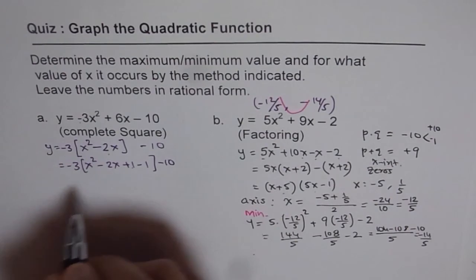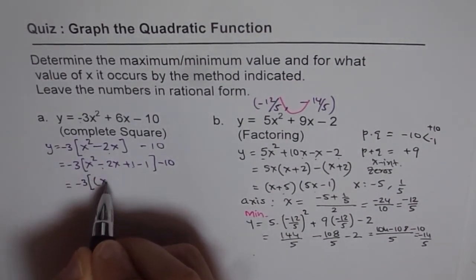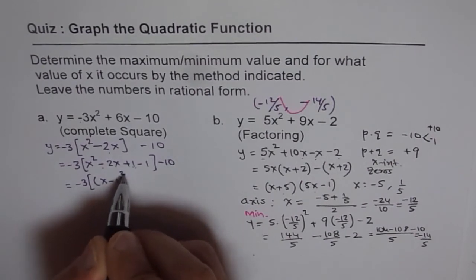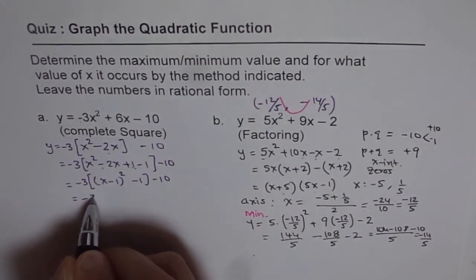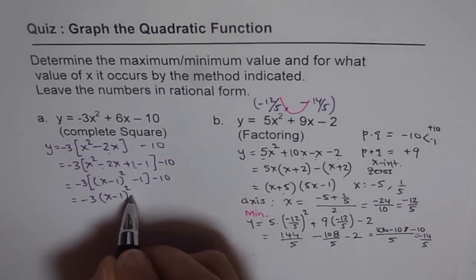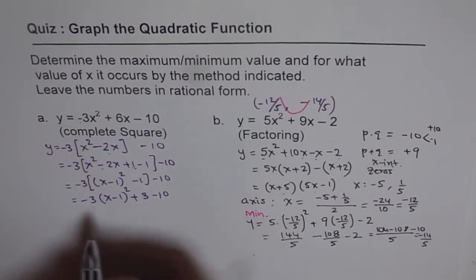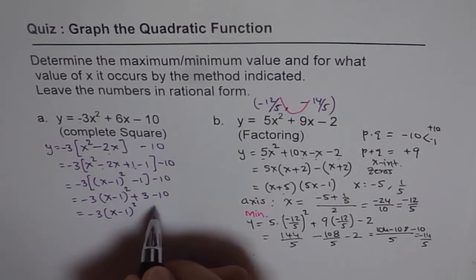Now this makes the first three terms a perfect square. We get x minus 1, whole square, minus 1 minus 10. Now open the bracket and write it in vertex form. Minus 3 times minus 1 is plus 3, minus 10, which gives minus 3 times x minus 1 whole square minus 7.